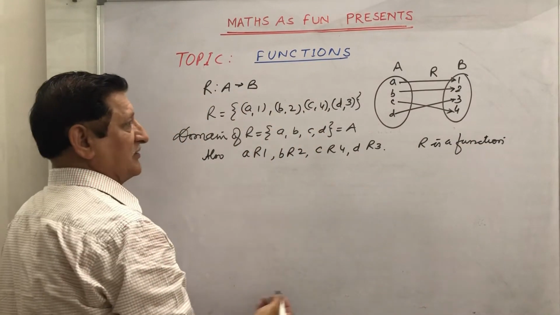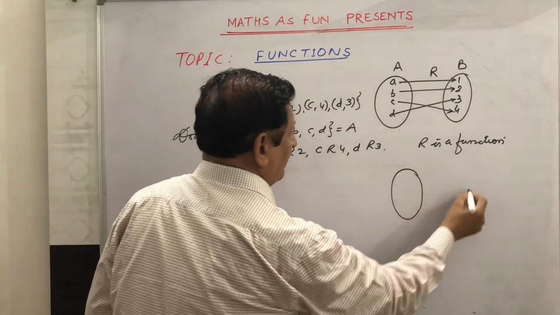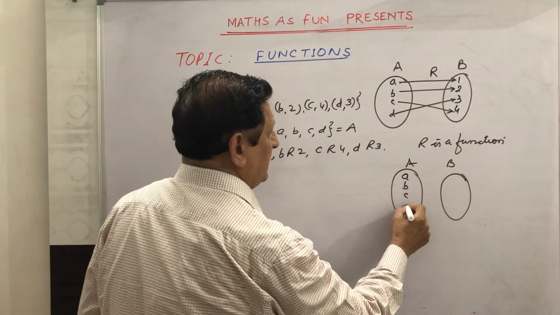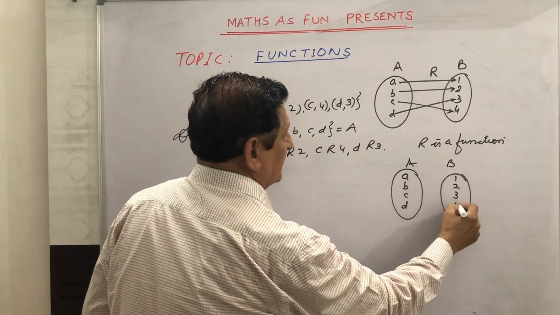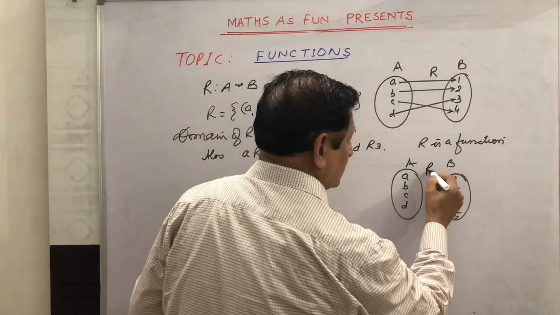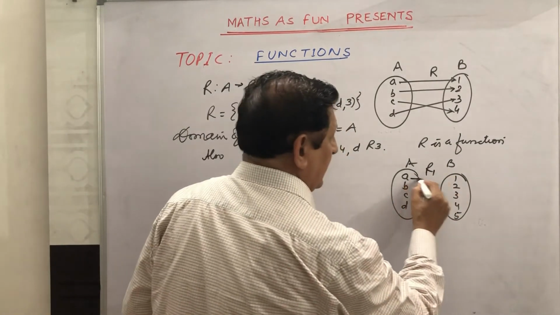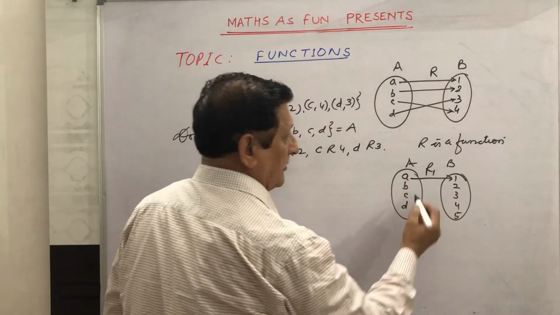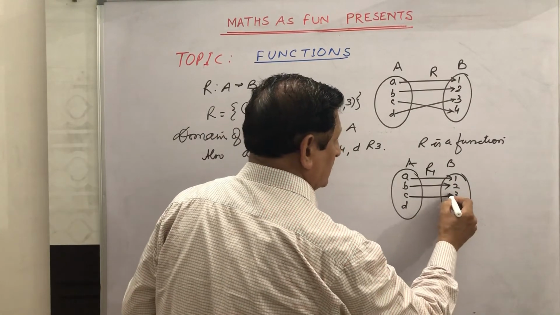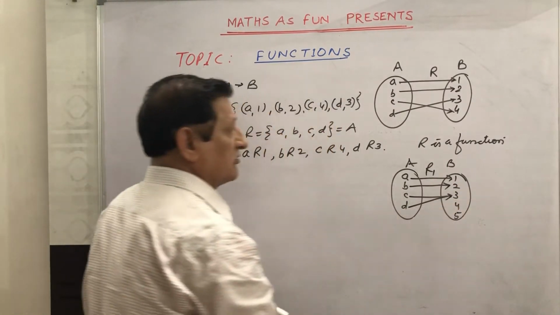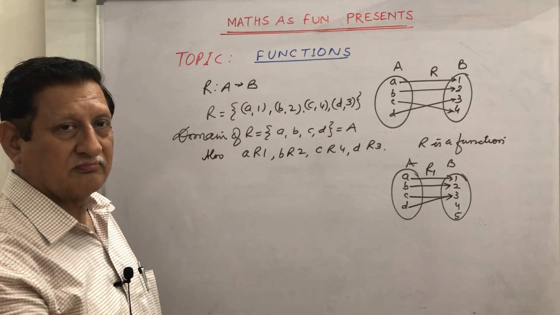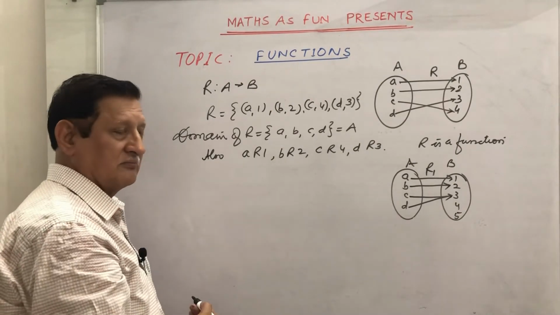Let's take one more example. Suppose I have one A and B. The elements in A are a, b, c, d, and here we have 1, 2, 3, 4, 5. With some relation R1, a is related to 1, b is related to 2, c is related to 3, and d is also related to 3. Then is it a function?